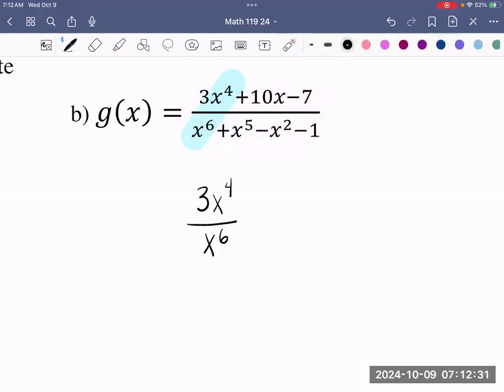So are we going to be the same, top heavy, or bottom heavy? Well, the degree below is higher than the degree above, so we're bottom heavy. That means there are more x's in the denominator. Therefore, we have a horizontal asymptote at y equals 0.